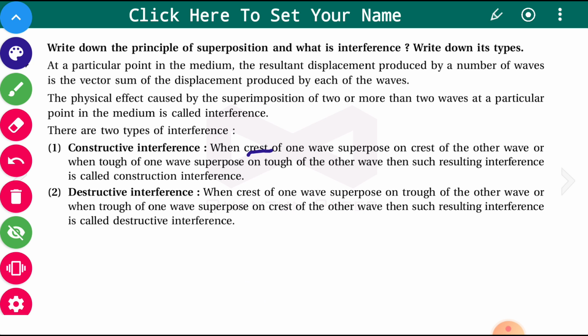Crest superposes on crest of other and trough superposes on trough of the other, then this is constructive interference. Now destructive interference, when crest of one wave superposes on trough of the other wave, or when trough of one wave is superposing on the crest of the other wave, then it is a destructive interference.